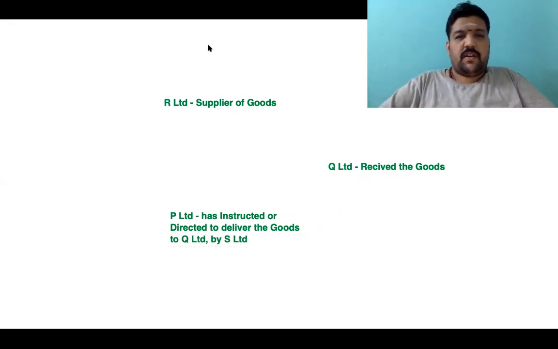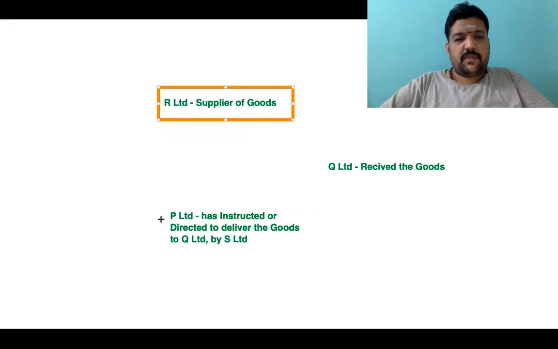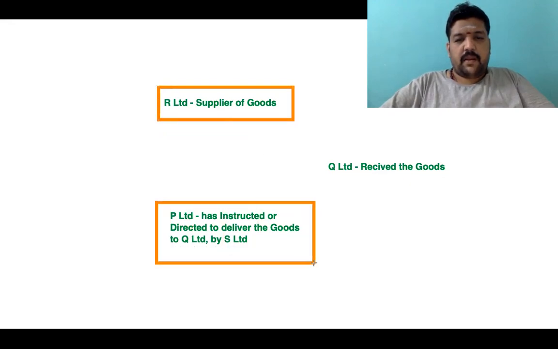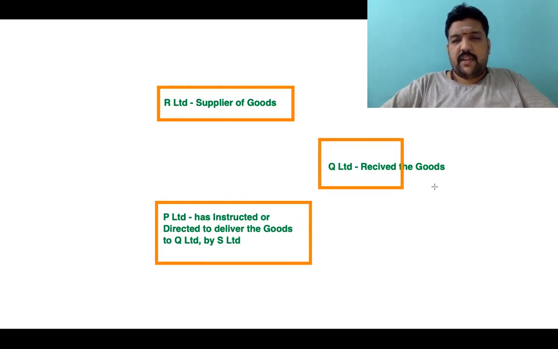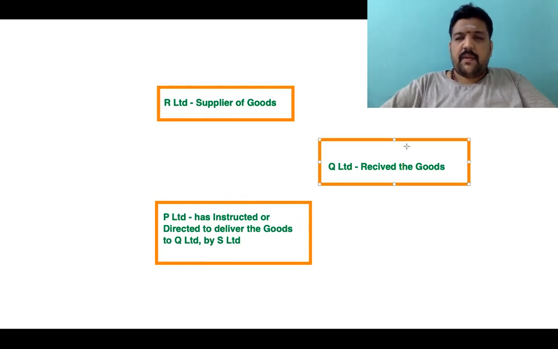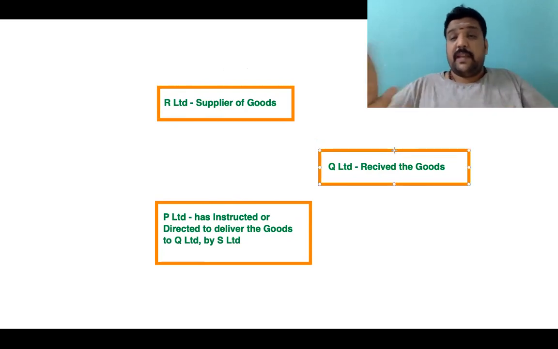So this is a situation where you have R Limited, a supplier of goods, and P Limited, who gave an instruction to supply goods, and based on P Limited's instructions, goods are delivered. And there is a Q Limited who has received the goods. Maybe there will be a subsequent transaction between P Limited and Q Limited.